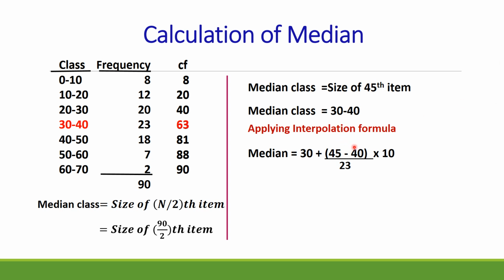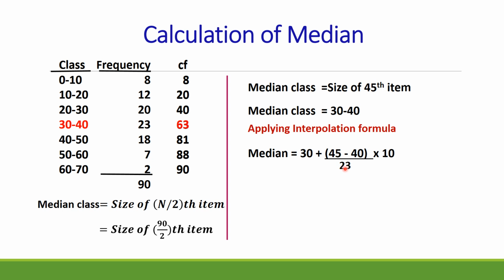Now divided by frequency of the median class, that is 23. Frequency of the median class is 23. So 23 is given, and into C. Into C means the class interval of the median class.